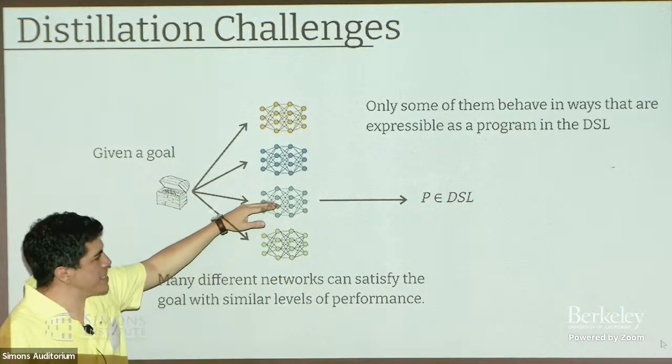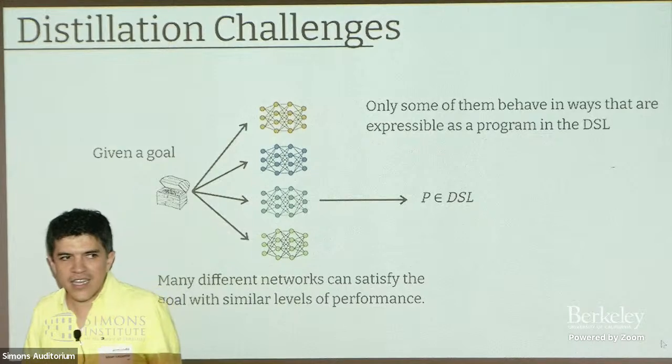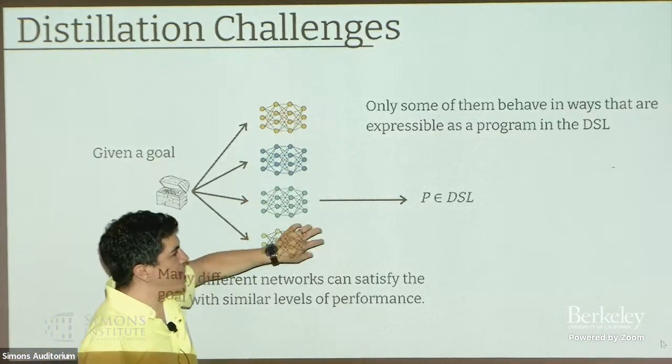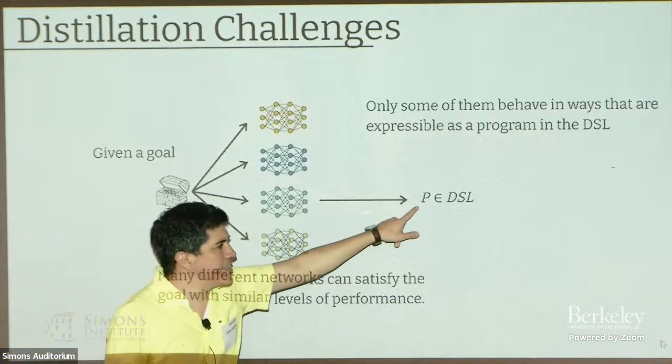It might be that this one can very readily be distilled into the domain-specific language. It behaves in a way that is very consistent with that language, whereas these other ones, even though they do just as well in the tests in the environment, don't map as readily to a program in the DSL.